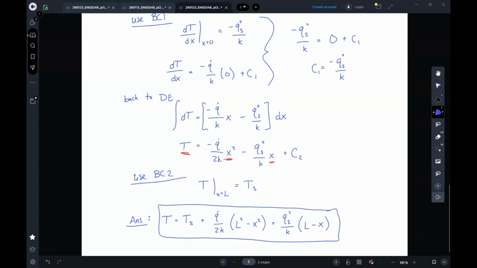What this shows is just that the temperature profile is a parabola, right? We have an x squared and we also have an x. So what it means is it's a parabola that is not centered around the perfect center of our wall, but that it's actually shifted, in this case, a little bit toward that left-hand side where the heat is coming in.